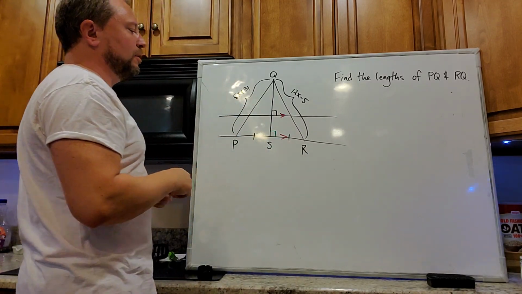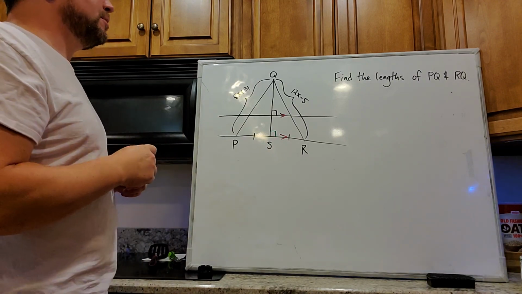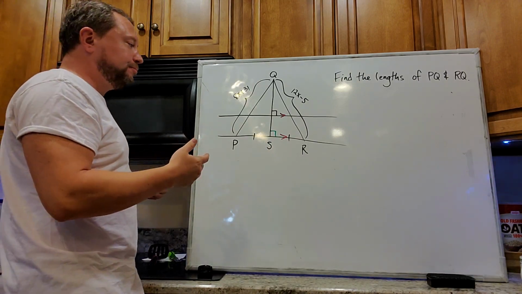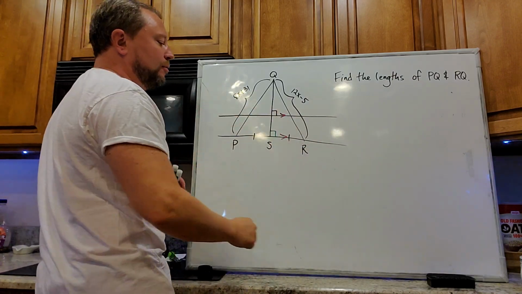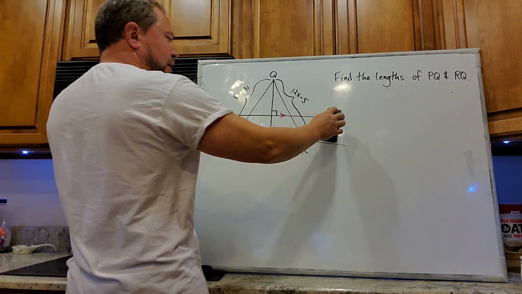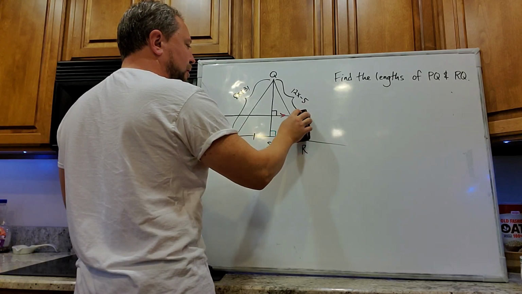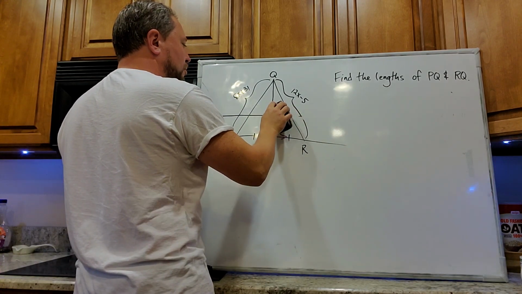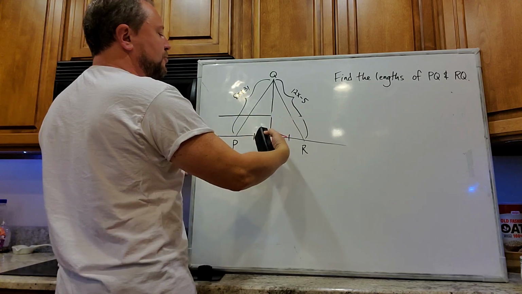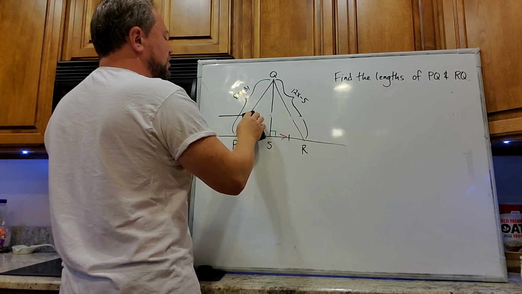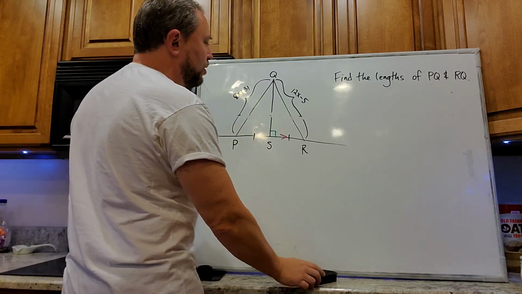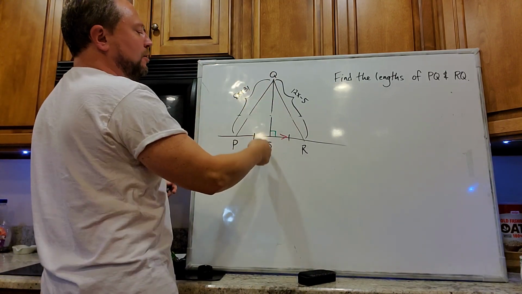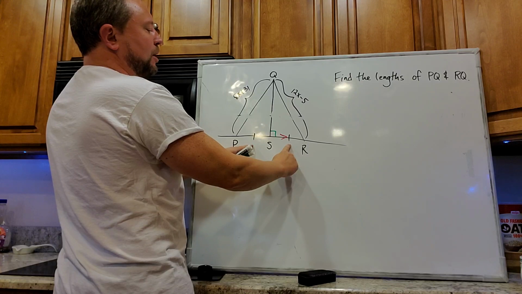Okay, if you're wondering, well, why is that important? Well, it comes into play because now we can kind of ignore the top parallel line here. I'll just erase it out of here. By letting us transfer that right angle down, do you see that now this essentially becomes another one of our perpendicular bisector problems?